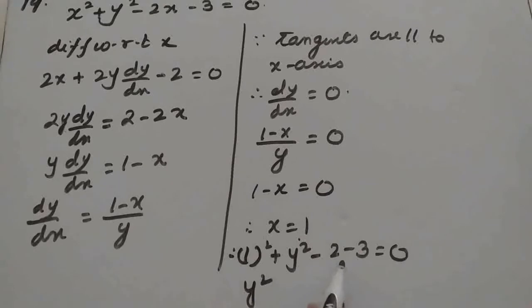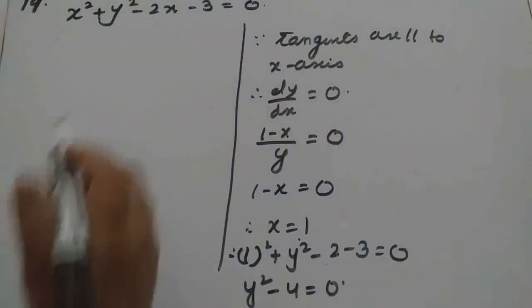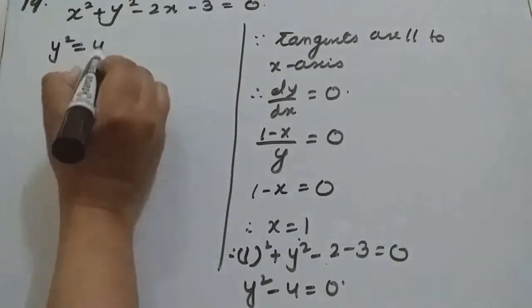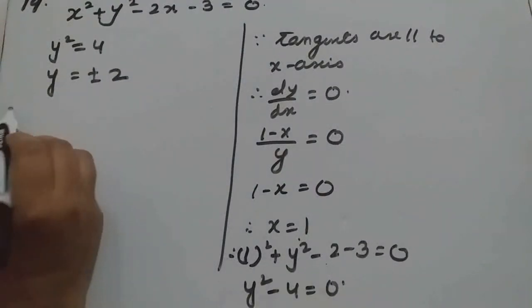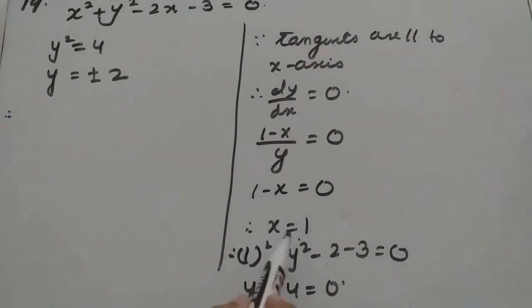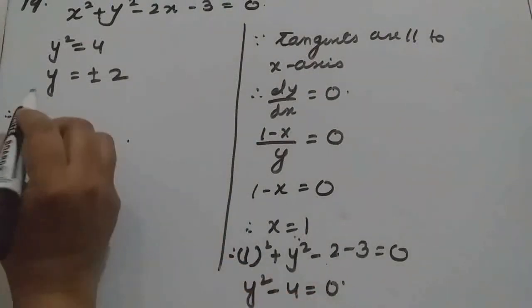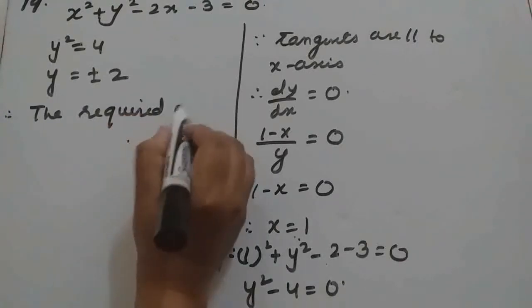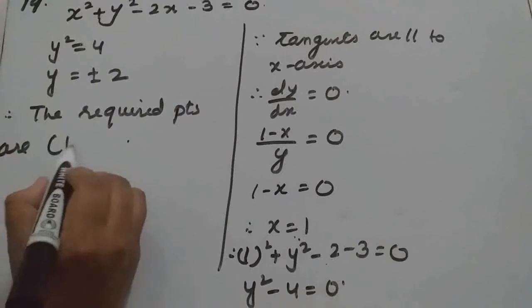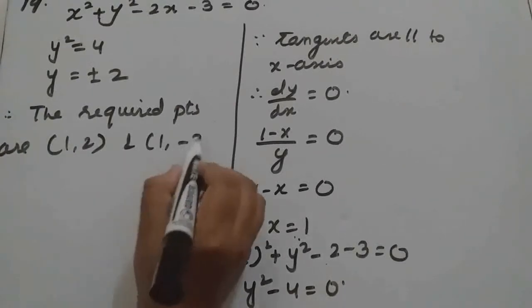So we will get here, see this is minus 5 plus 1, that is minus 4 equal to 0. So y square equal to 4, so y will be plus minus 2. Okay, therefore the required points are 1 comma 2 and 1 comma minus 2.